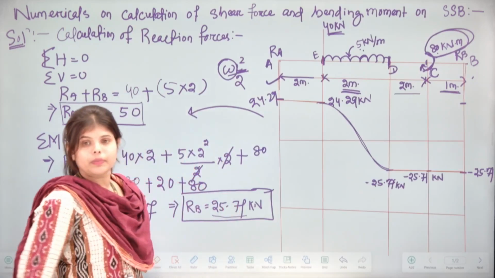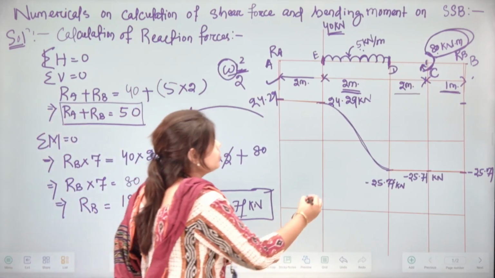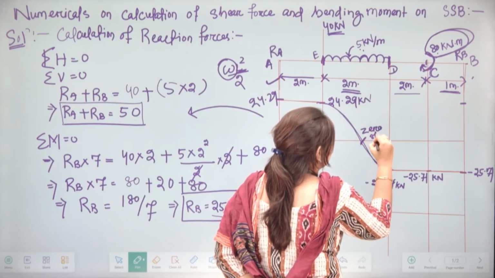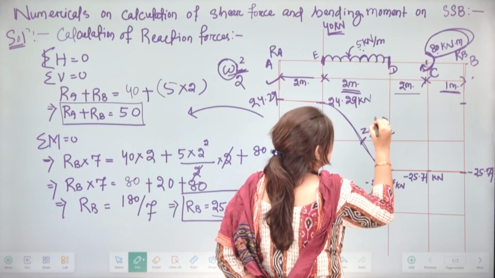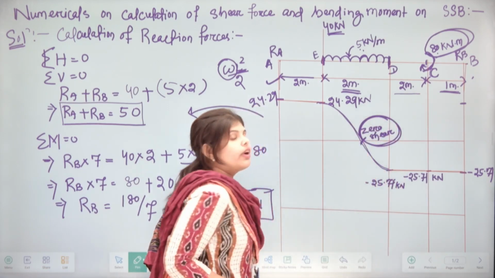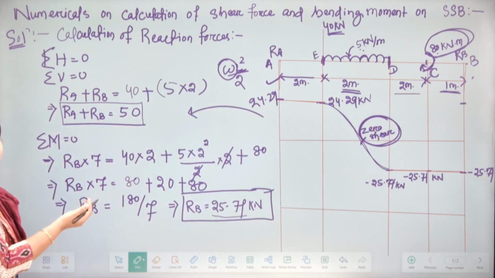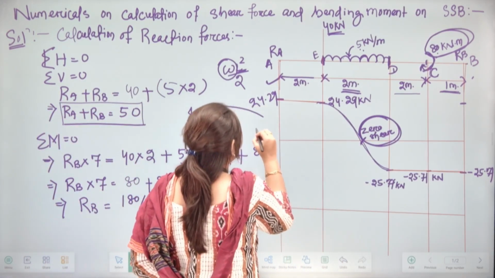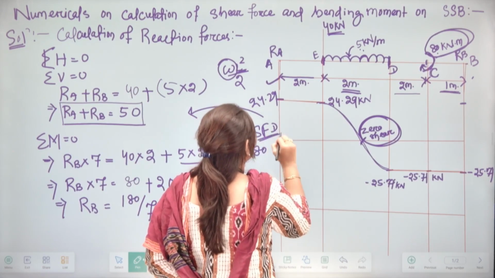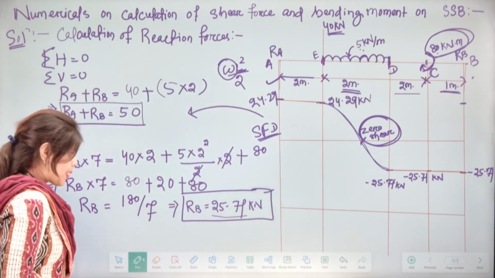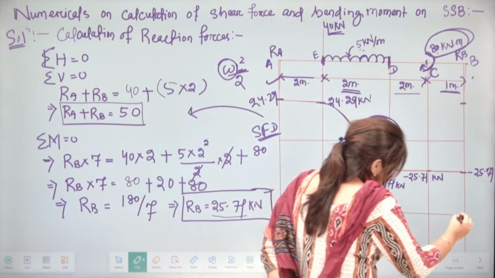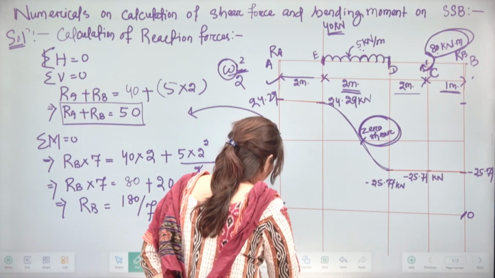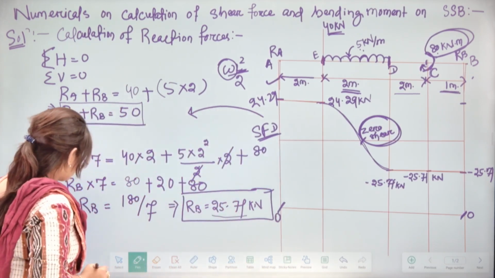Here the value is 0. So what is 0 here, what happens at that point and how to calculate it, we will discuss in the next class. Now, let's go for drawing the bending moment diagram. We know at end supports we will have 0 here and here also 0.